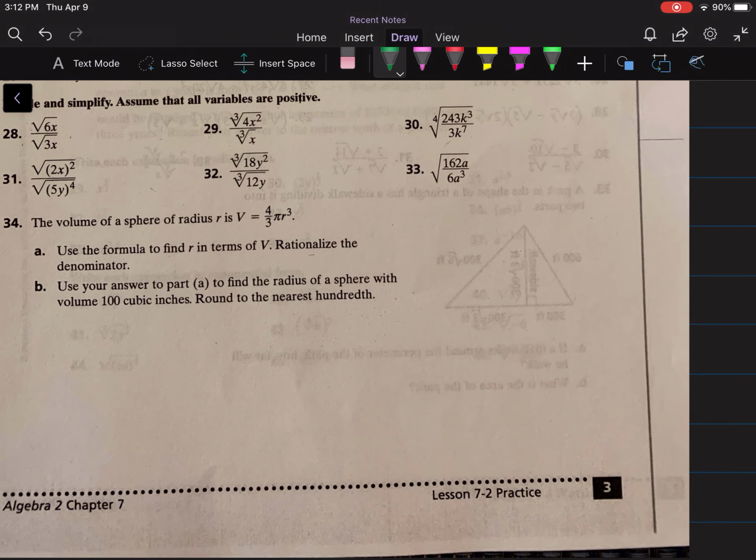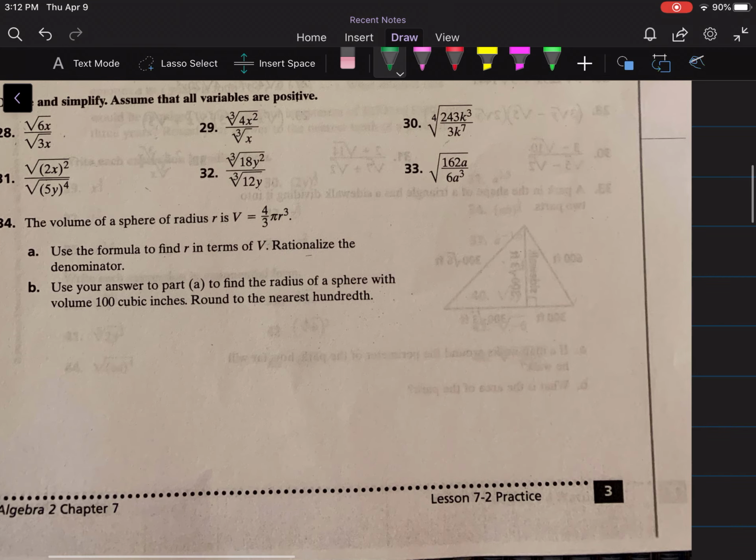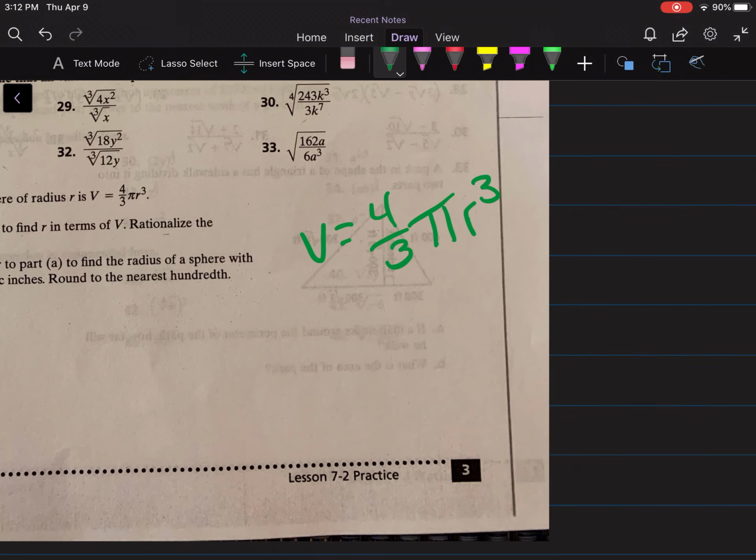I believe what this is answering, and I don't know, Zachariah, is we want r equals. So we have v equals 4/3 pi r cubed. I think they want this r all alone. So instead of multiplying, we're going to divide by 4/3 pi.